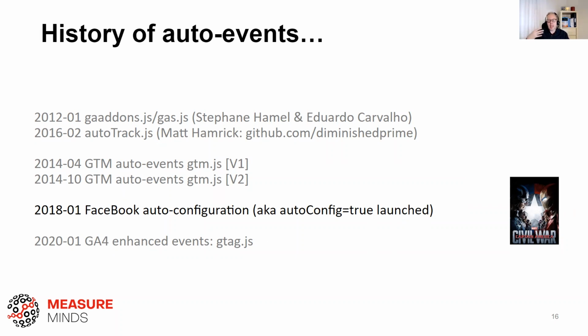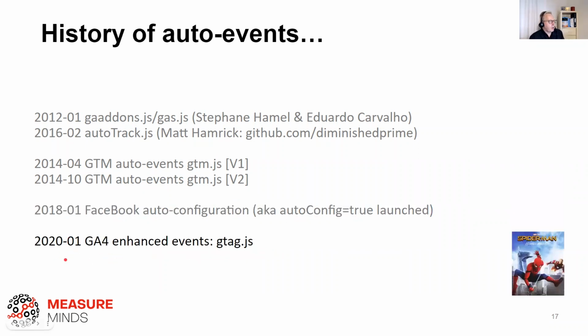It wants to also detect other activity that users are doing, also read information about the page, metadata, data layer elements, etc. So Facebook also turned on their equivalent to AutoTrack, which is called AutoConfig, and that's enabled by default. So that was the click listener that you just saw earlier. And then obviously in 2020 we got GA4 enhanced events as part of gtag.js. So that pretty much takes us up to where we are today.